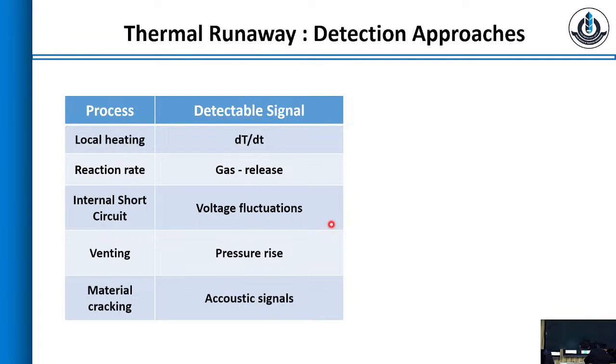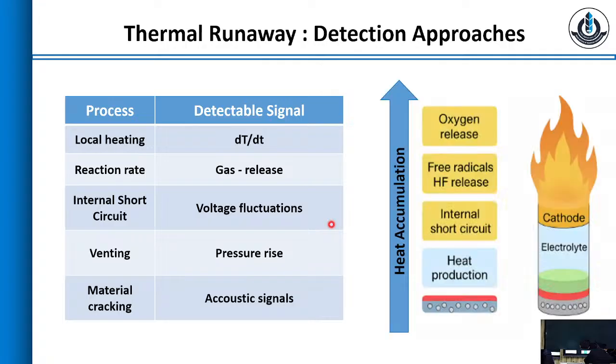And putting pressure sensors inside every cell is also impractical, because you have thousands of cells connected in a battery pack. So there are different challenges associated with each of these. Most likely we are using temperature sensing, and we are still trying to characterize the temperature behaviors related to battery failures. Still a lot of research is going on in that.